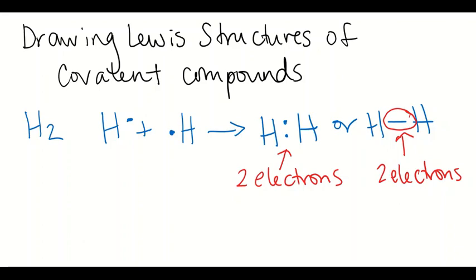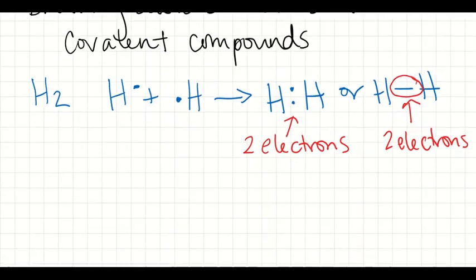So in the last one, we talked about octets and how every element is trying to achieve that octet where you have 8 electrons around it. But there are actually some, especially in the first 2 rows, where they are not going to try to achieve an octet because hydrogen just has 1 proton. So if you try to put 8 electrons around it, it's going to be wildly unstable and that's not going to work. So hydrogen is actually going to follow what's known as the duet rule.